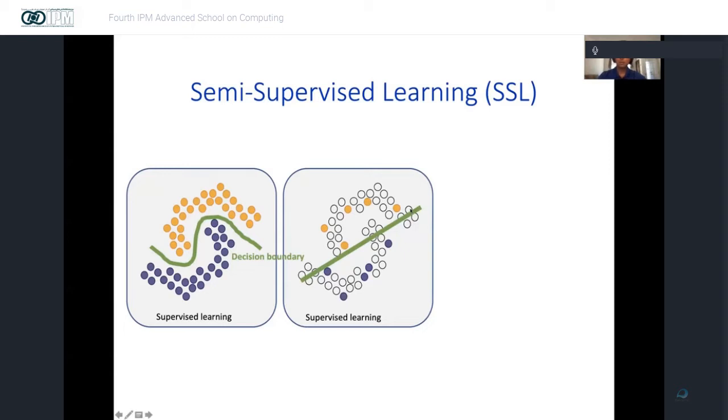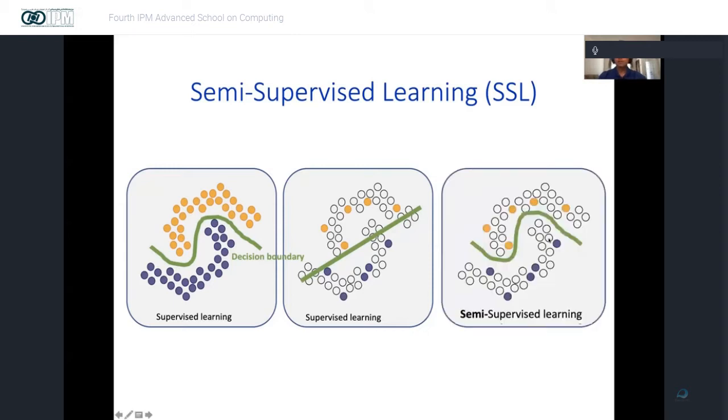Now, in semi-supervised learning, what we try to do is utilize these unlabeled data that come from the real world to create better decision boundaries using the few known labels and many unknown labels.